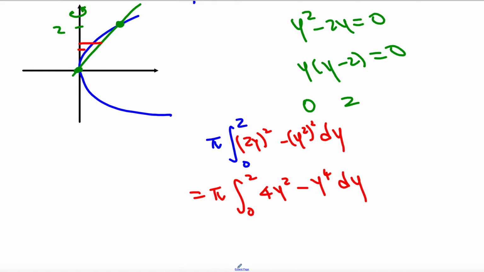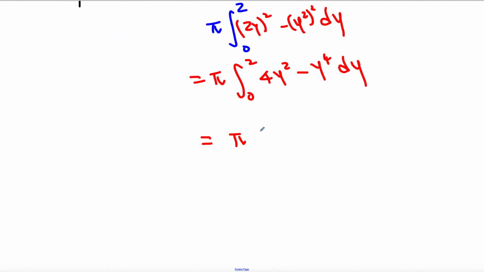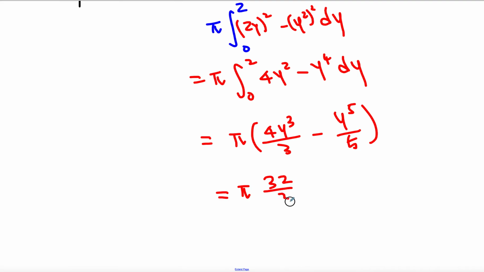When you integrate this, we should be getting pi times 4y cubed over 3 minus y to the 5th power over 5. So when you plug in 2, what do you end up getting? That's right, you get pi times 32 over 3 minus, once again, 32 over 5.